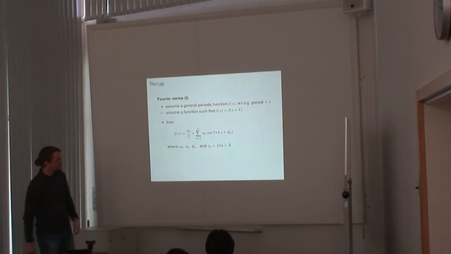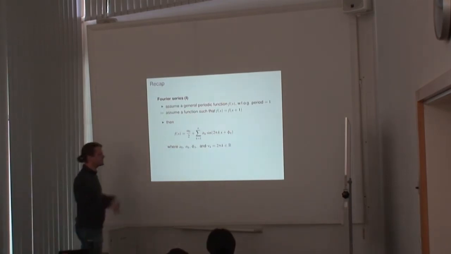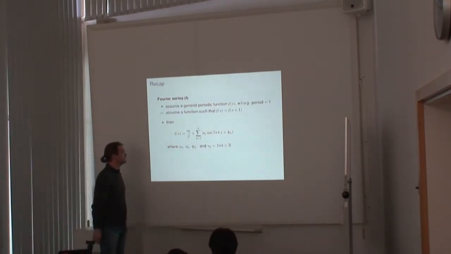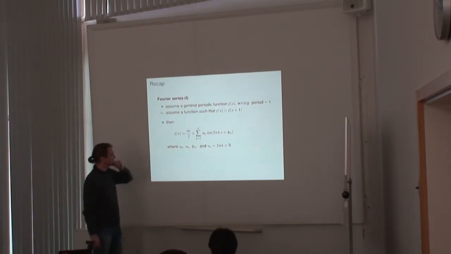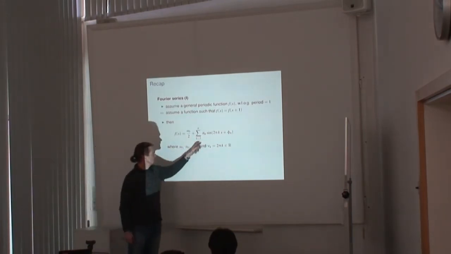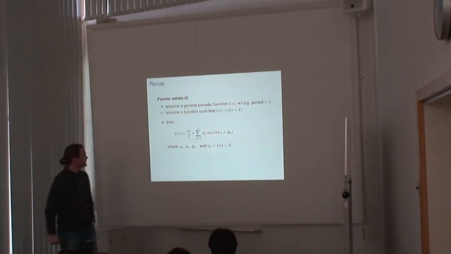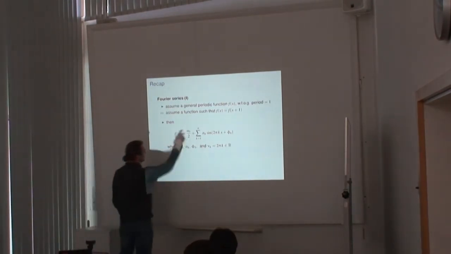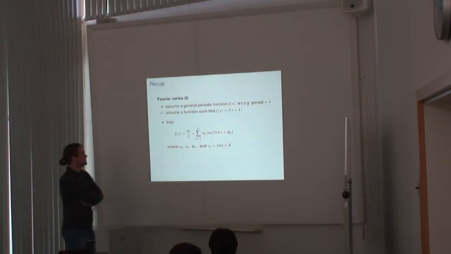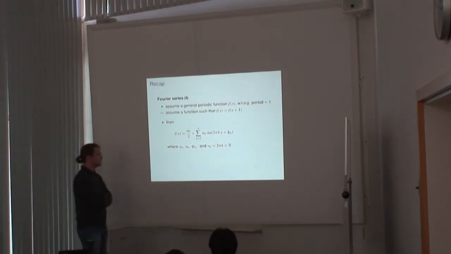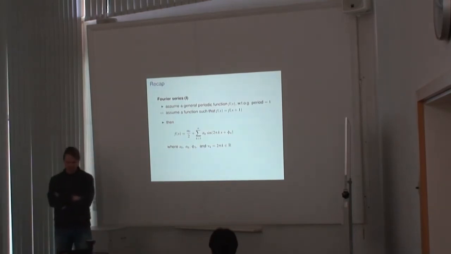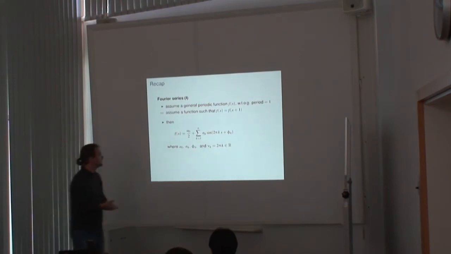And one way of thinking about functions like that is to express them in terms of a linear combination of sine functions. And we also throw in some constant, which I called a naught over 2, for reasons that may have become apparent if you actually verified what I told you to verify at home.